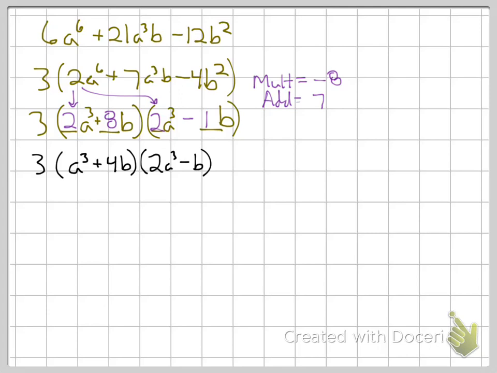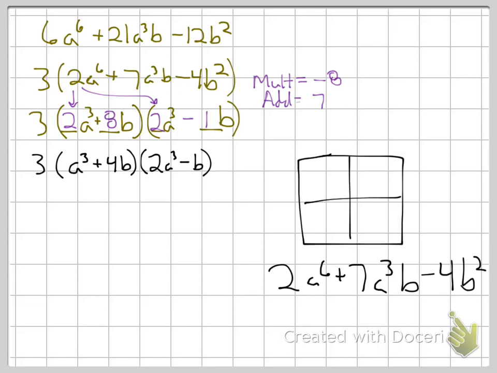So if I started with 2a to the 6th plus 7a third b minus 4b squared, so I know I got to have a 2a to the third and an a to the third. I'm going to have a b and a b here.